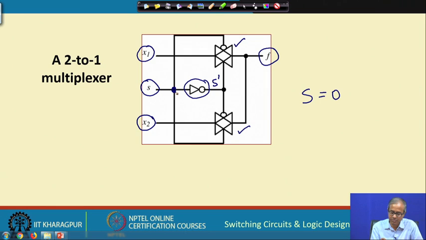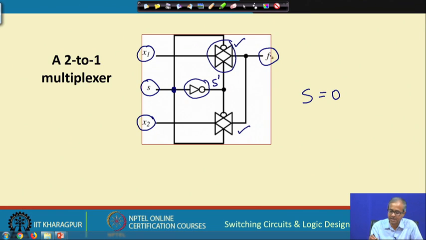So, what will happen if S is 0? Which of the transmission gates will be on? S is 0 means this is 0, so this P type will be conducting. And S is 0, S bar will be 1, so this N type is also conducting, this transistor will be on.